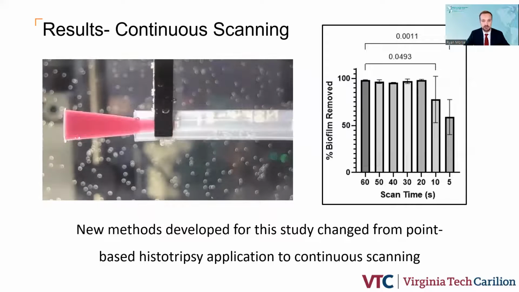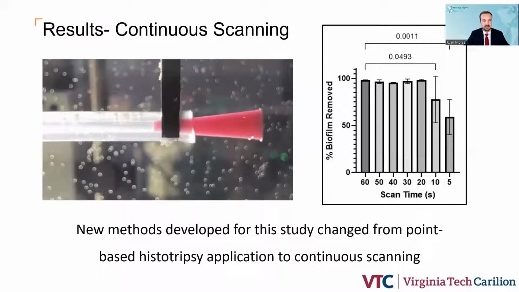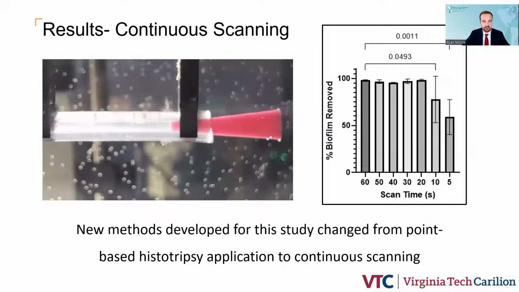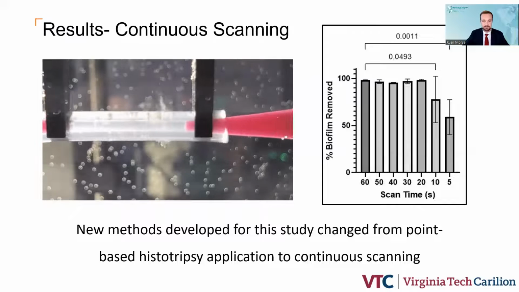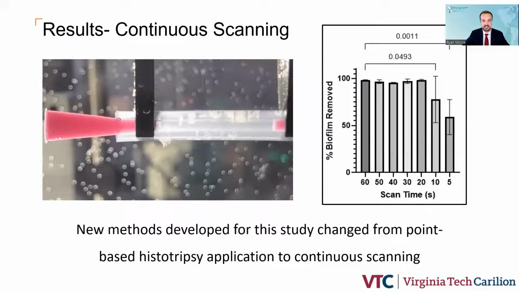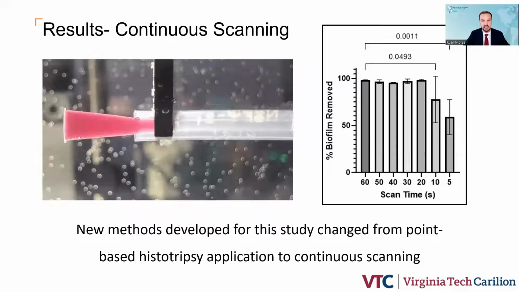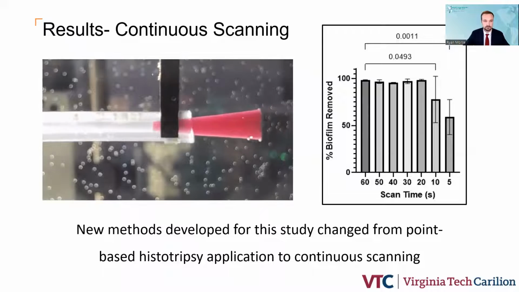We gradually decreased the scan time all the way down to 5 seconds across the 2.5 centimeter catheter. We can see that there was almost complete biofilm removal all the way down to a 20-second scan time. Once we reached a 10-second scan time, however, there was a significant reduction in efficacy of treatment, and then a further reduction with a 5-second scan time.